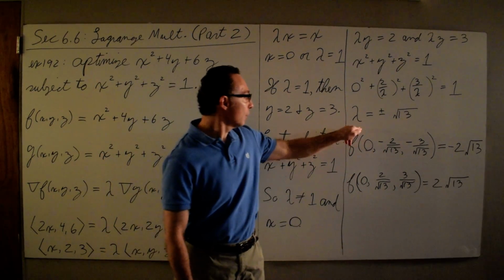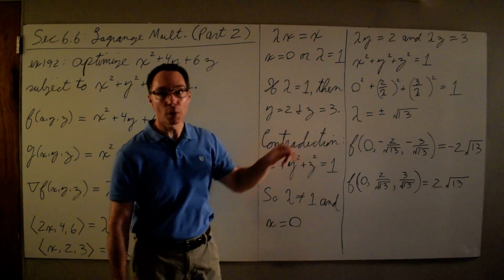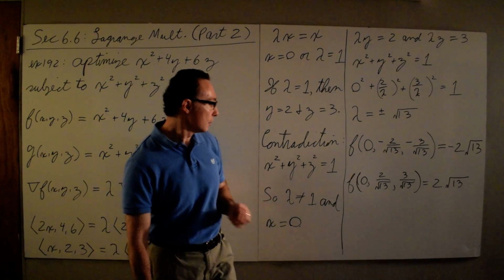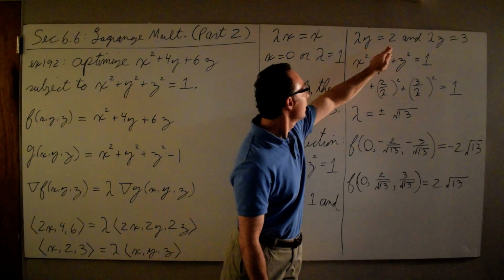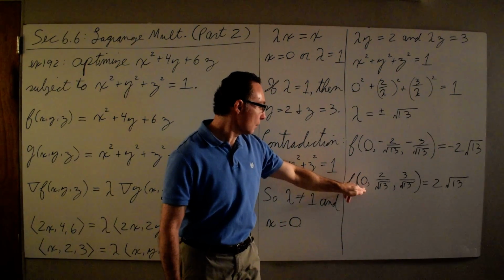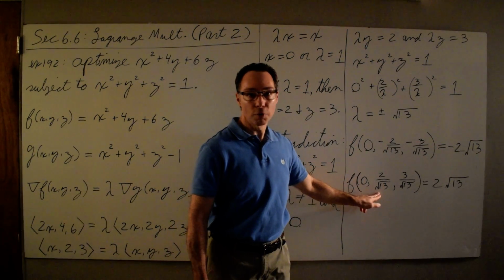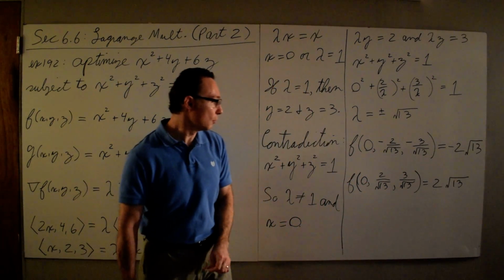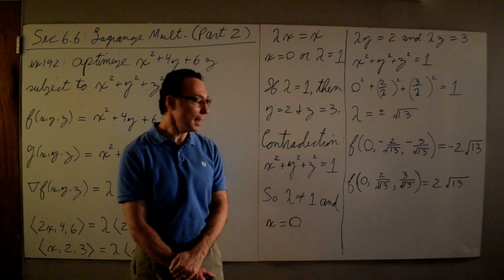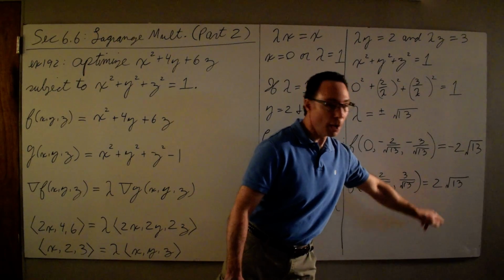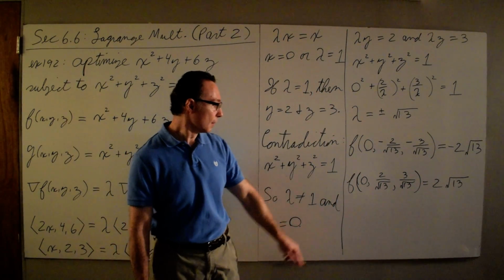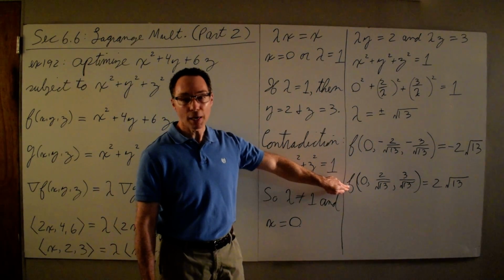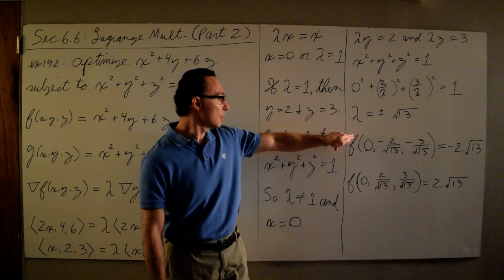The other possibility is lambda is positive square root of 13. So we substitute up here. We have f of 0, 2 divided by square root of 13, 3 divided by square root of 13. We calculate that, and it is 2 times square root of 13. This is the maximum value of f on the unit sphere. This is the minimum value.